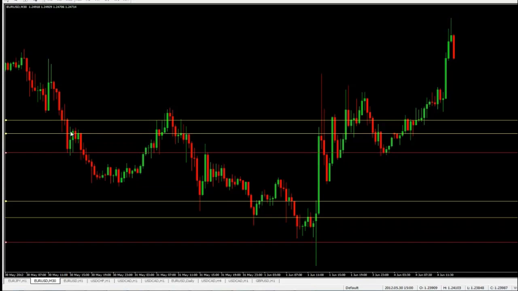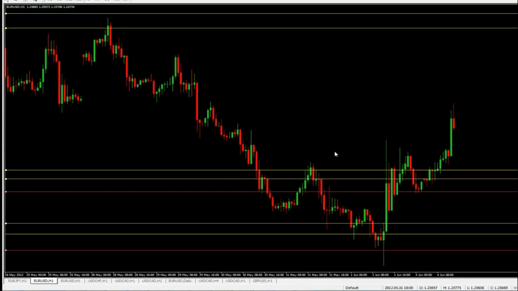If you're trading intraday, we like to move stops 15 to 20 pips on a 15 to 20 pip bounce. We like to protect the trade, especially if it's a counter trend trade against an established trend, which this obviously is on the euro.